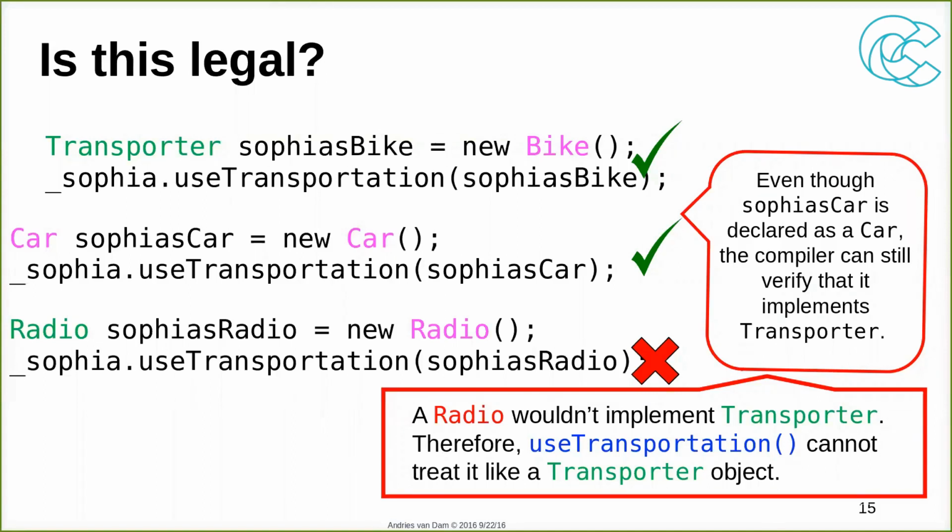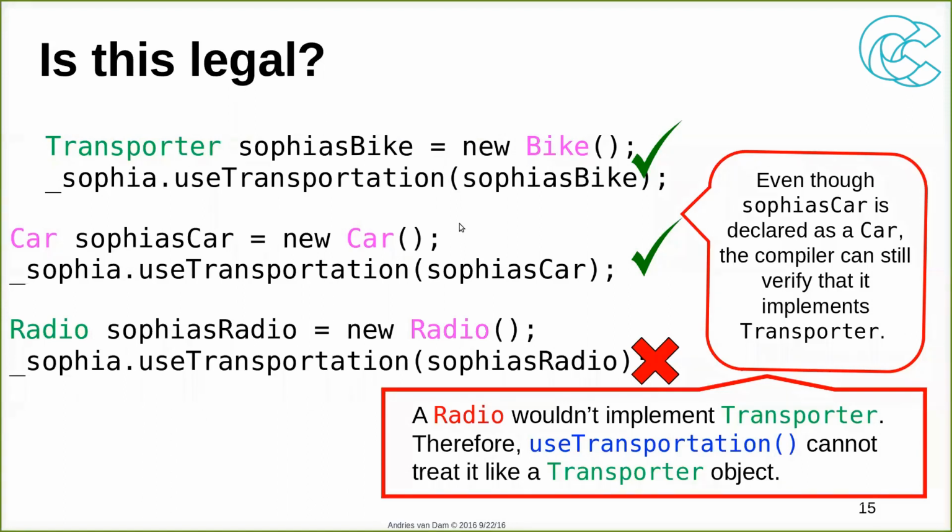But can it happen the other way around? For every class that has implemented transporter, if I pass a transporter object, can I cast a transporter into car?